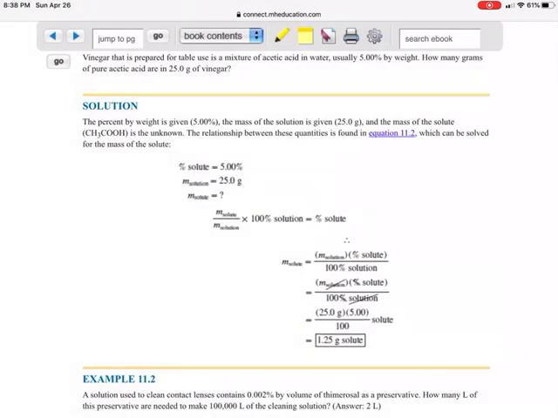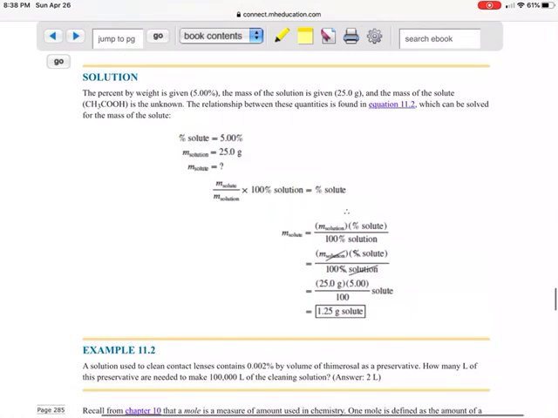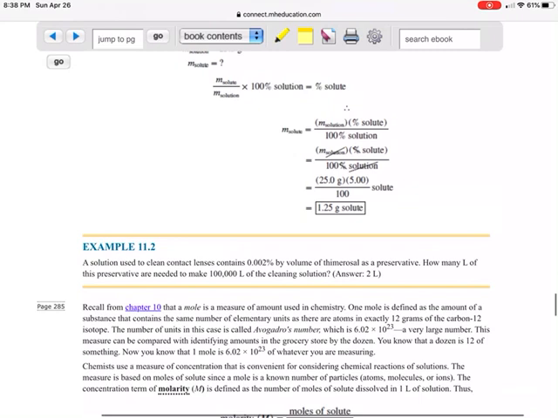I really wish I could write on this, obviously. This M solution, you have to multiply it to the other side. So you have M solution times percent solute divided by 100%. If you take that 25 grams times 5 divided by 100, you get 1.25 grams of solute.